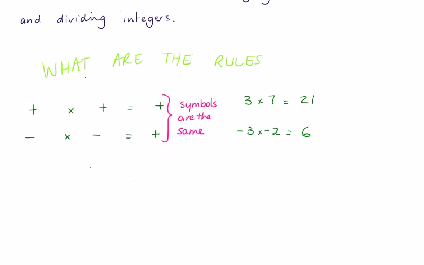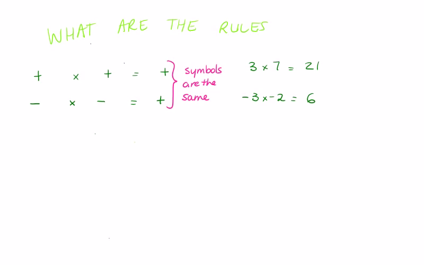So what about though if they're different? So if we had a positive times a negative or a negative times a positive. So let's consider the question 3 times negative 4. Now that's actually the same as negative 4 times 3. Because remember, it doesn't matter what order you multiply numbers.